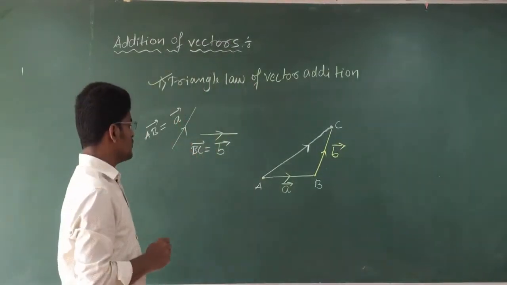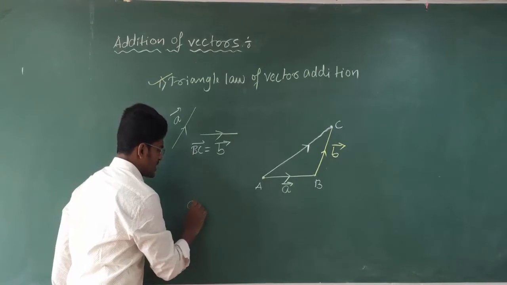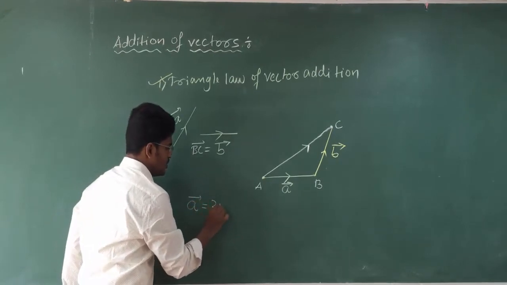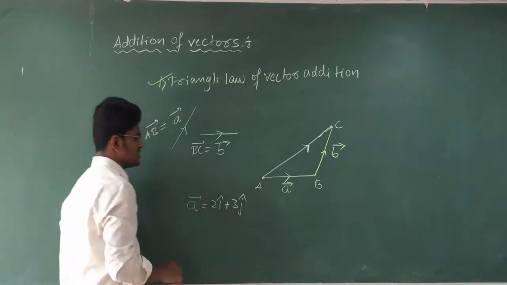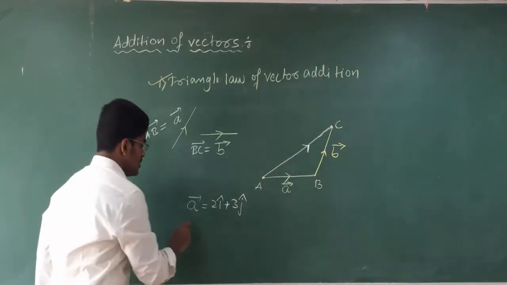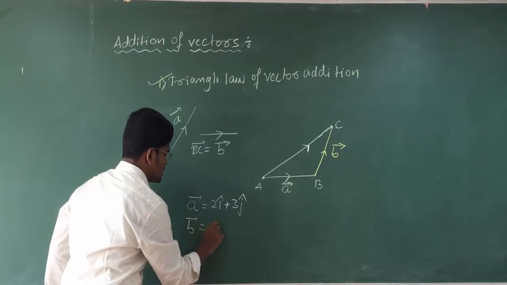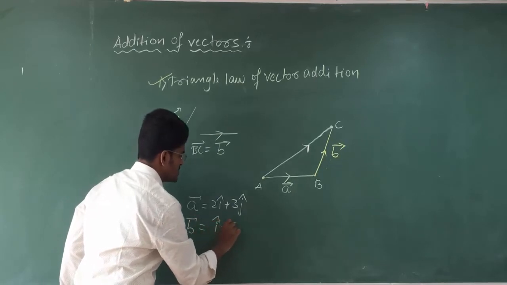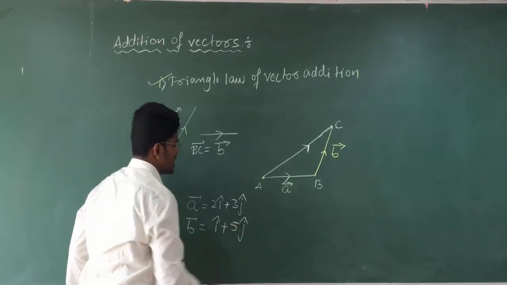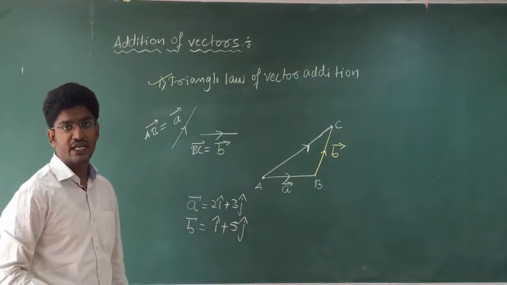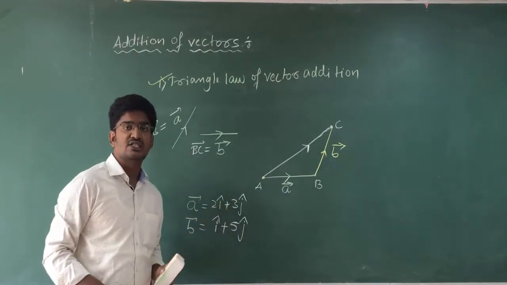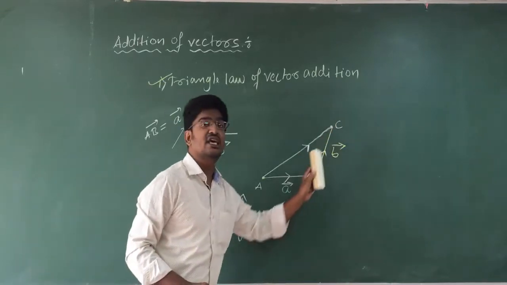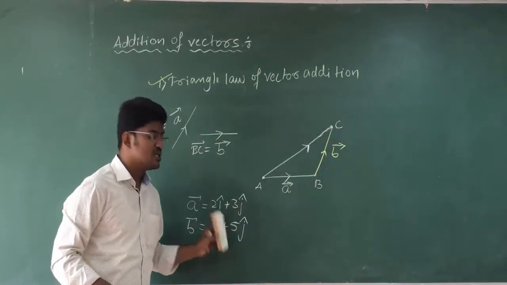For example, if I have vector A as 2i cap plus 3j cap, and vector B is i cap plus 5j cap. Let us take AB as 2i cap plus 3j cap and BC as i cap plus 5j cap.